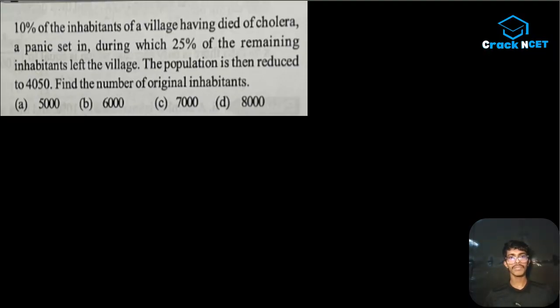First question is given over here. 10 percentage of the inhabitants of a village having died of cholera. It is given that 10 percentage of the villagers died of cholera. And during which 25% of the remaining inhabitants left the village.